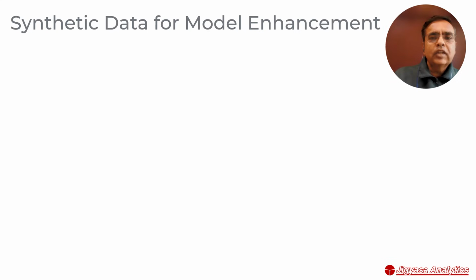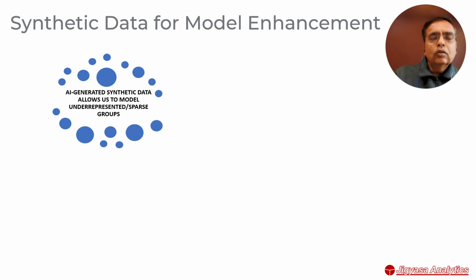Another area which can help with model enhancement is the exciting and emerging world of synthetic data. So, AI generated synthetic data allows us to model underrepresented sparse groups. We talked about that. So it allows us to create better segments within our sample.